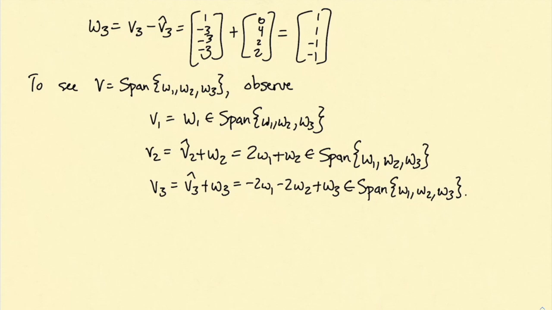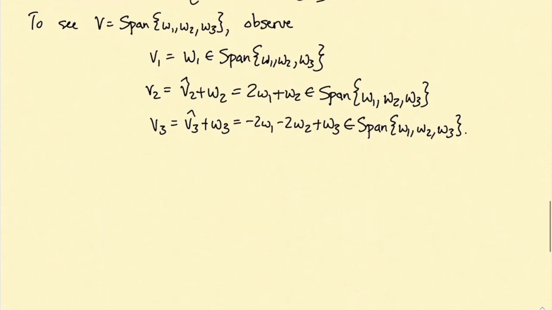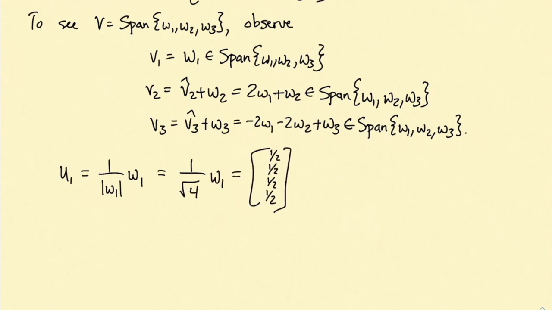And if we want to upgrade to an orthonormal basis, we simply normalize each of the vectors. The norm of W1 is the square root of 4, which is 2. So we're left with 1/2, 1/2, 1/2, 1/2. The norm of W2 is the square root of 2.